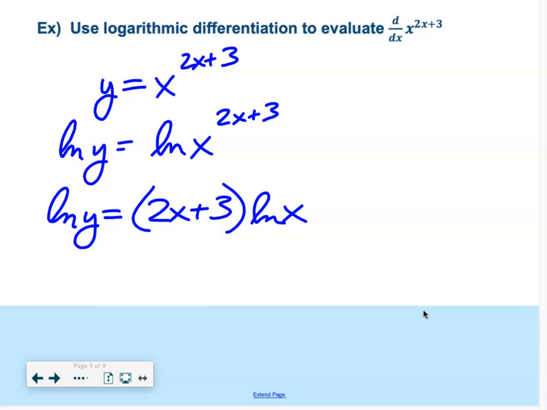So now we got to differentiate both sides. I want you to differentiate both sides, but I want you to be careful because the right side's going to require what? Product rule. Well done, Faith. Did you guys hear that? Product rule. All right, take a minute. See if you can find the derivative of both sides. No, there's an x in it. That's okay.